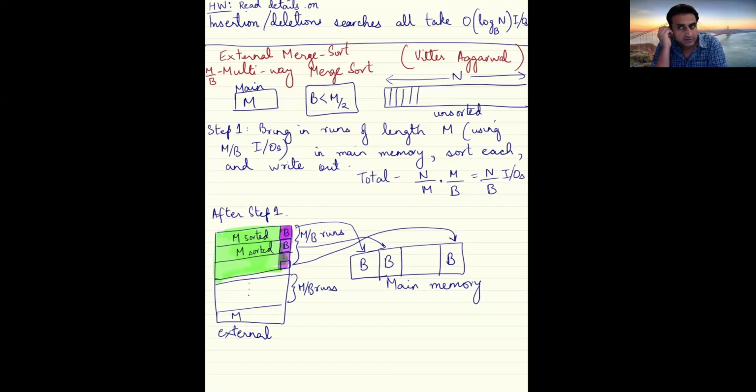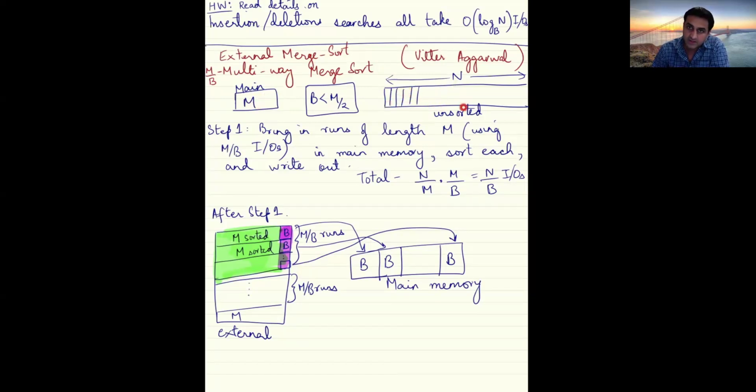M over B, right? Because in one IO, you can bring in B things. You have M things, you need M over B IOs. So every chunk of size M, I pay M over B IOs, bring it into memory and sort it.